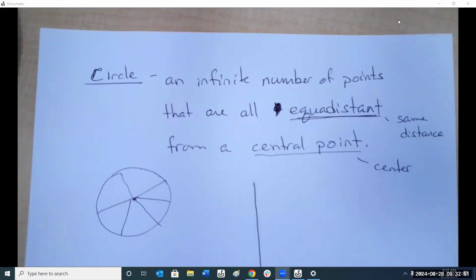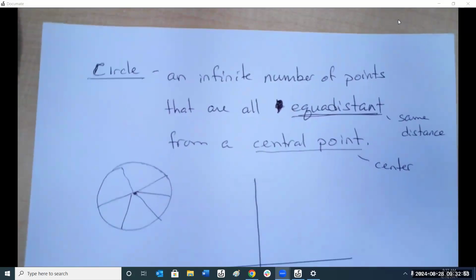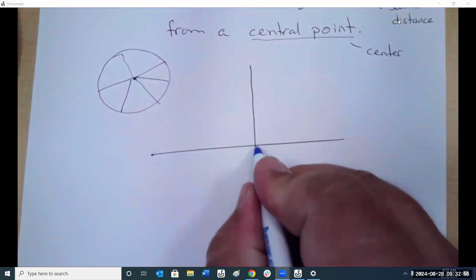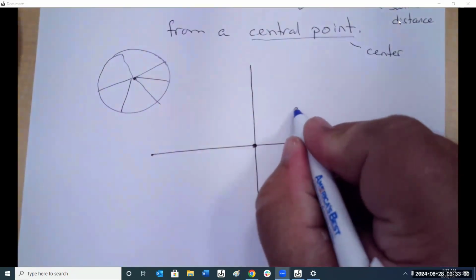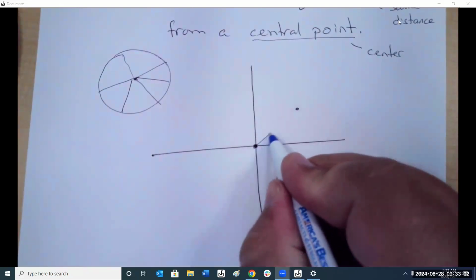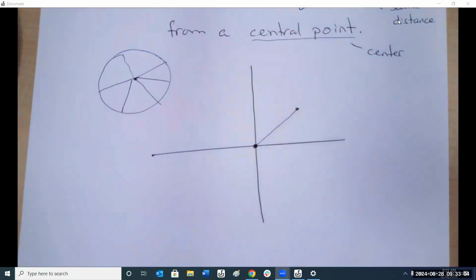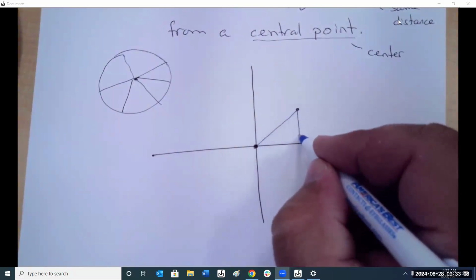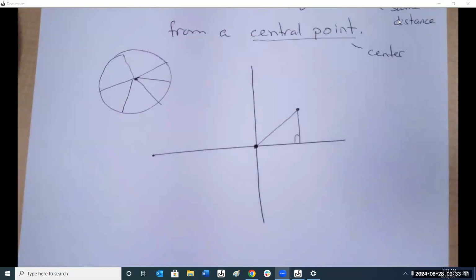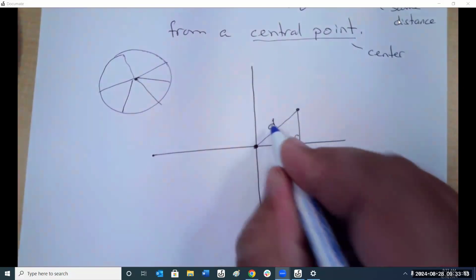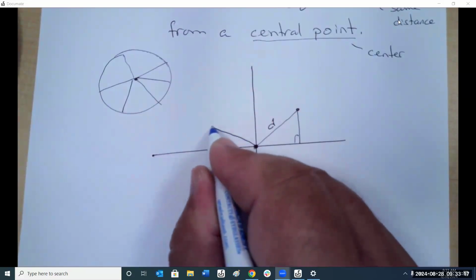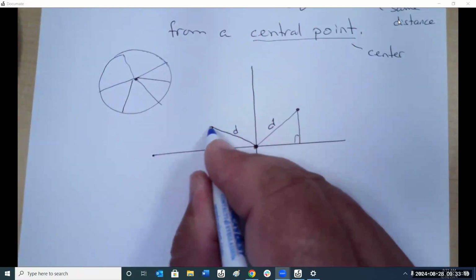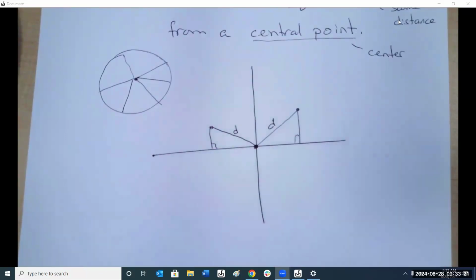Now, let's look at how that relates to what we've been doing. We have a center point, 0, 0. And if we have a point here, we discussed that by using a right triangle, we found the distance. Same thing. So now, since it has to be the same distance, it creates a right triangle.